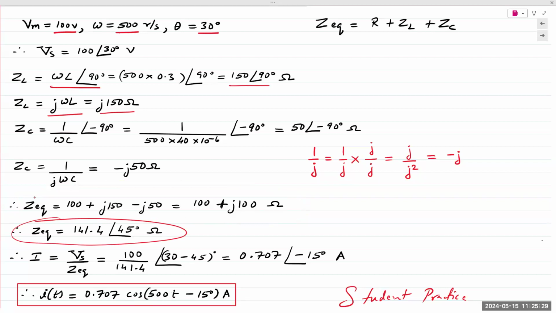When the rectangular coordinates, meaning the real portion and the imaginary portion of a vector, are exactly the same, the resulting angle will always be 45. Always. 100 plus j100, meaning the real axis is 100, the imaginary axis is also 100.